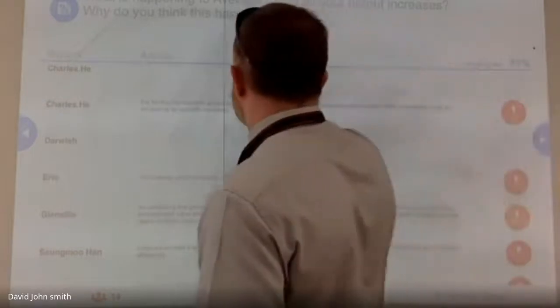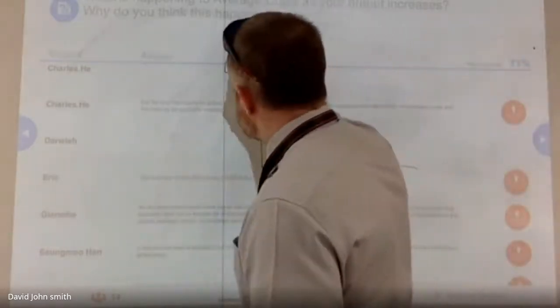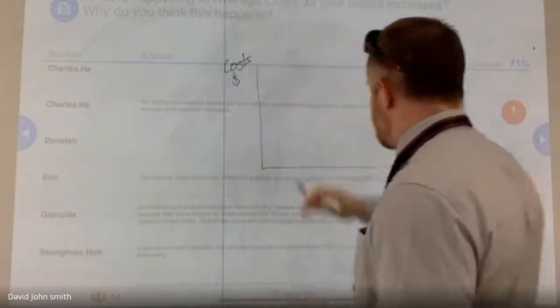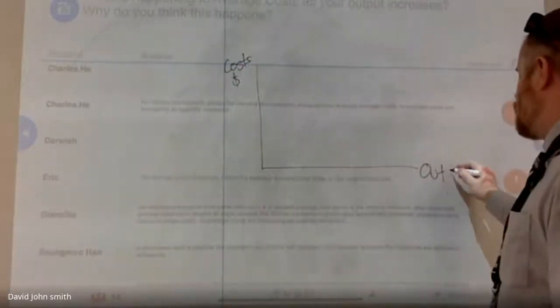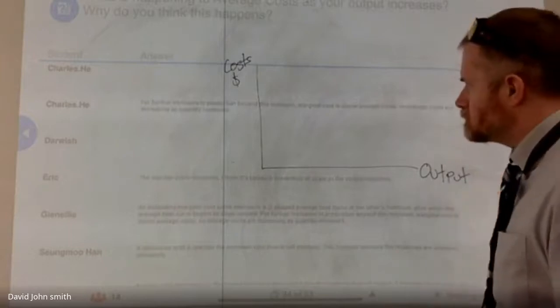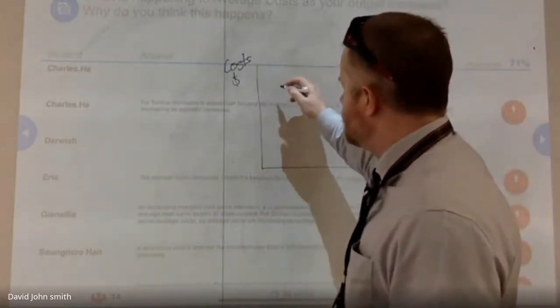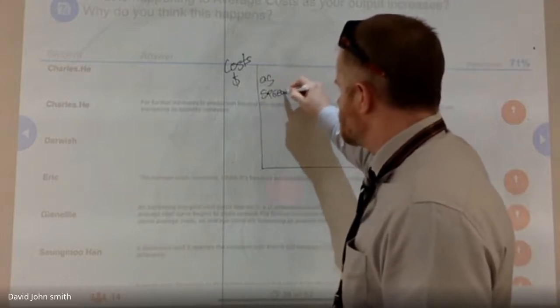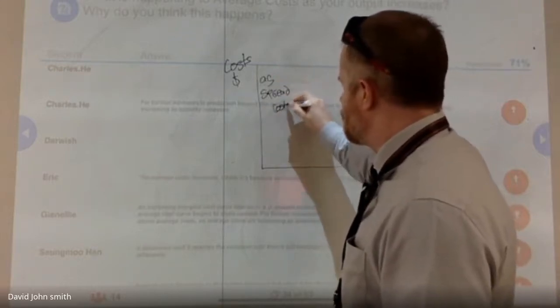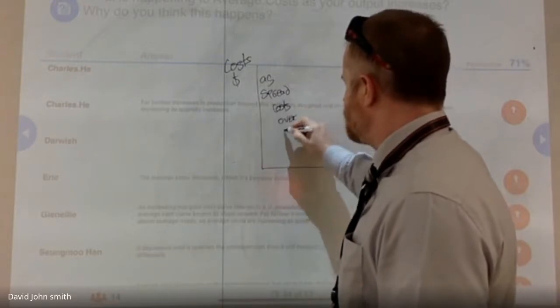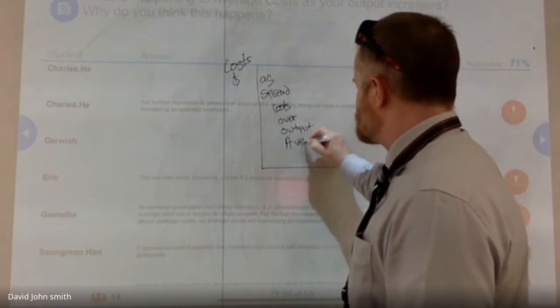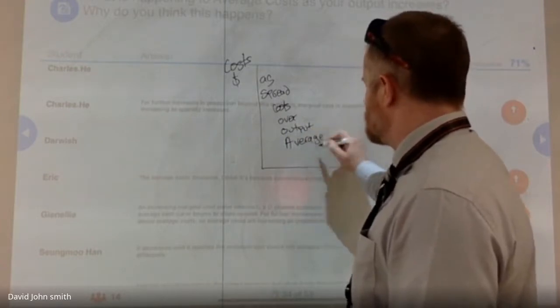Remember the shape of it. You got costs here. What's your price of it? $80. So here's your output or quantity. The idea here is, as we spread the costs over output, our average declines.